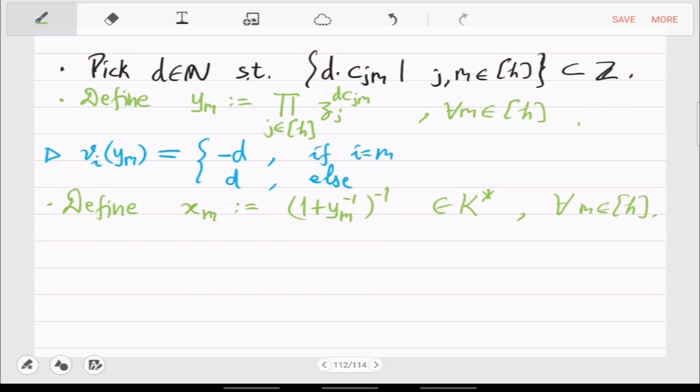Okay, so these will be my xm's, which will define the u that the theorem wanted. So let's check the valuation. So valuation of xm is what?